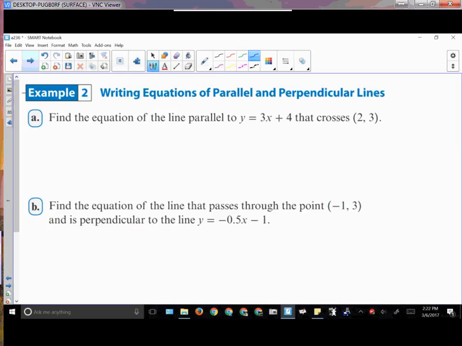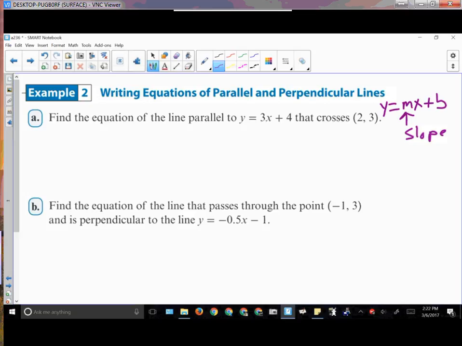Writing equations of parallel and perpendicular lines. Now, I want an equation that is parallel. Well, first offhand, I need to know where the slope is. Since we've got the equation y is equal to mx plus b, slope is right there, correct?